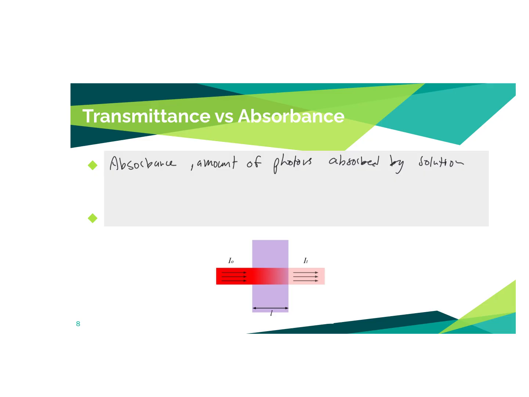So the way you calculate that is absorbance, or A, is equal to the negative log base 10 of the transmittance, T, which is equal to minus log base 10 of IT over I0. That's how you would calculate the absorbance.